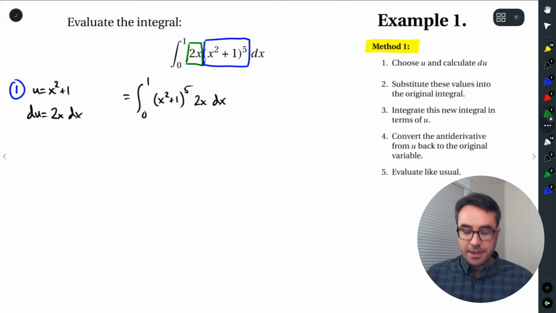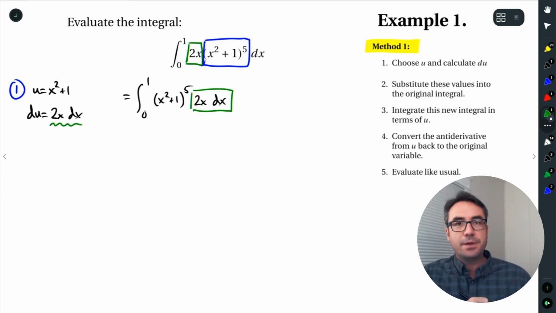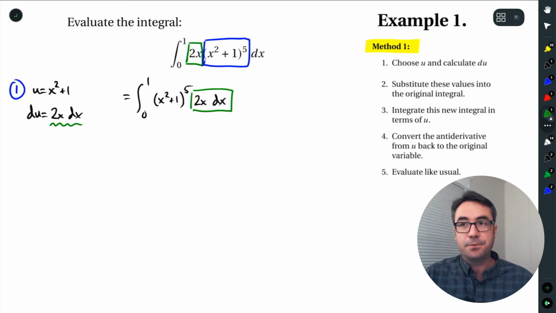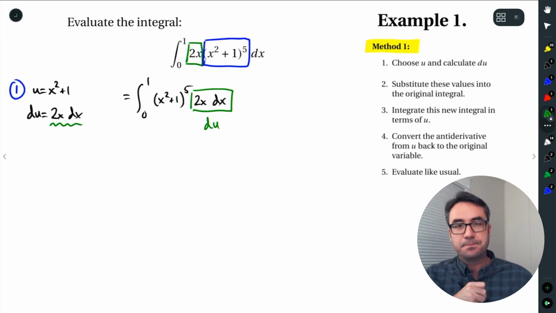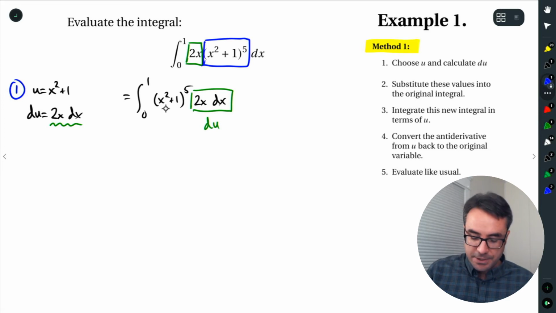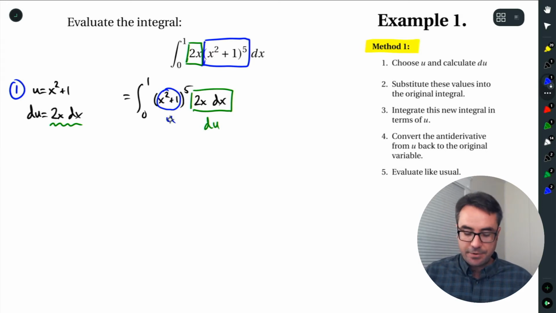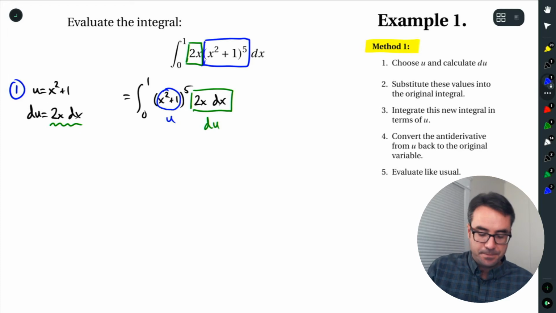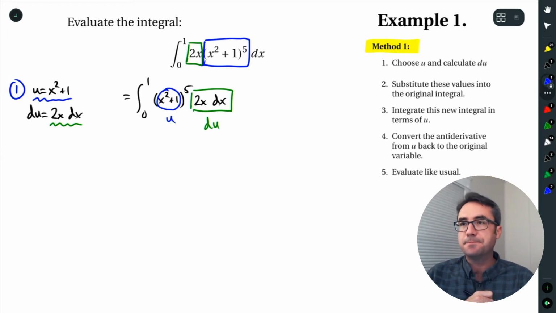The reason is that 2x dx matches up perfectly with what we calculated for du. So this 2x dx is going to become du. And by our choice, this x squared plus 1 is going to become u, so we're going to have u to the power 5 here.